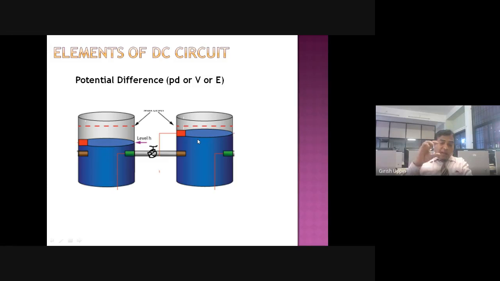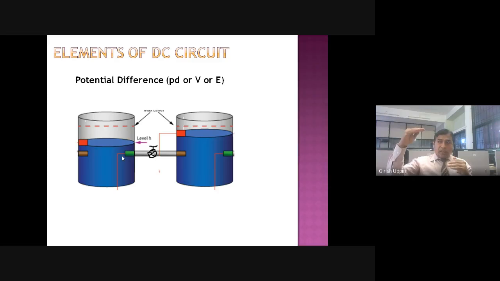So that has a higher potential compared to this one, because of its height. The minute you open the valve, because it is at a higher potential, the water will start flowing from tank B to tank A, because there is a difference in the potential. Tank B is at a higher potential and tank A is at a lower potential.